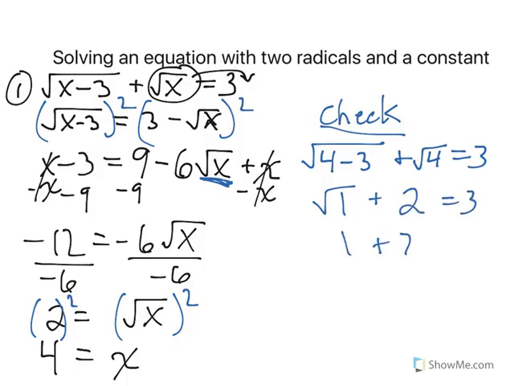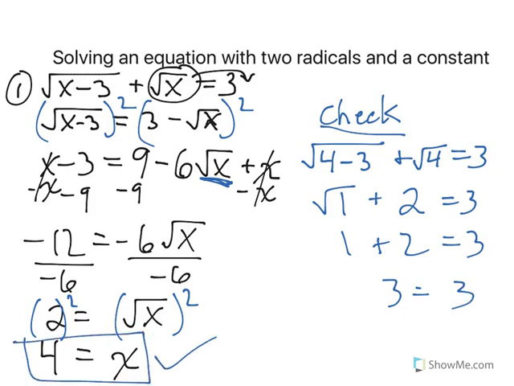So that's 1 plus 2 equals 3. 3 equals 3. Look at that. Once again, our answer works. So to recap, bring a radical on both sides of the equation and then square both sides. And if you get a radical again, you go ahead and you isolate that radical, square both sides, and then take it from there.